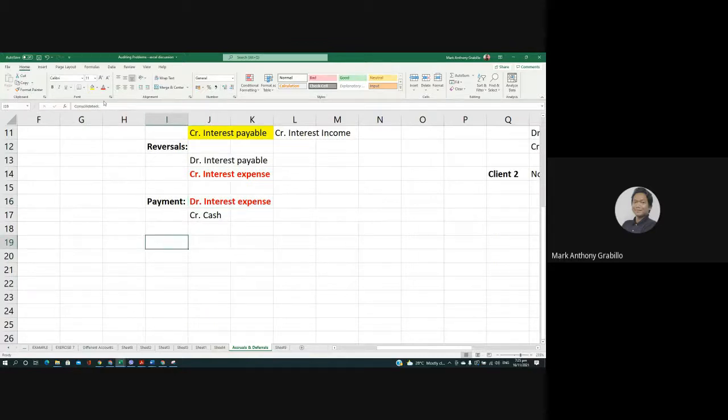So, the consolidated entry is debit, interest payable, and credit, cash. So it turns out, this is also your entry. So, at least you no longer have to monitor each client.